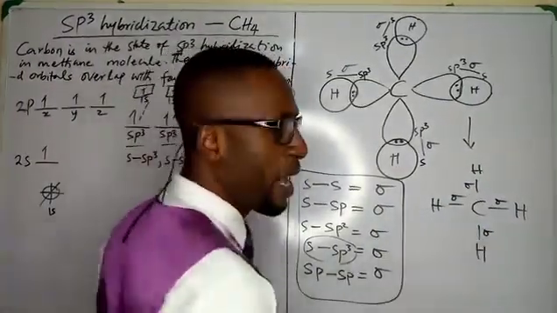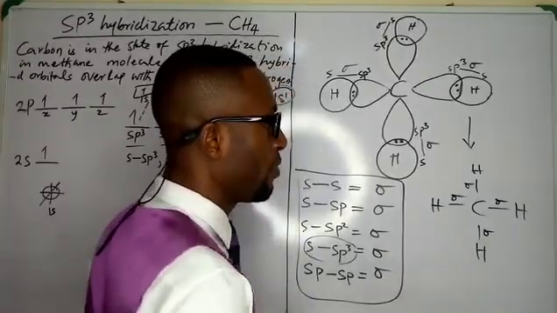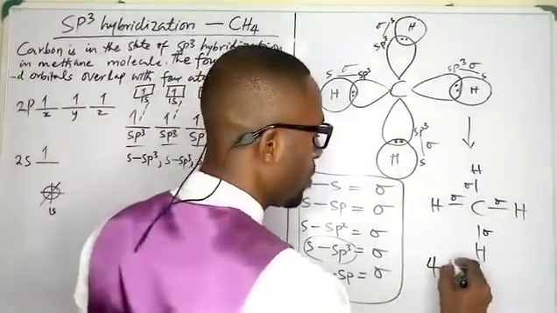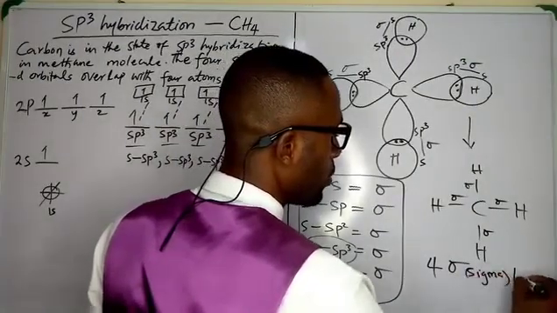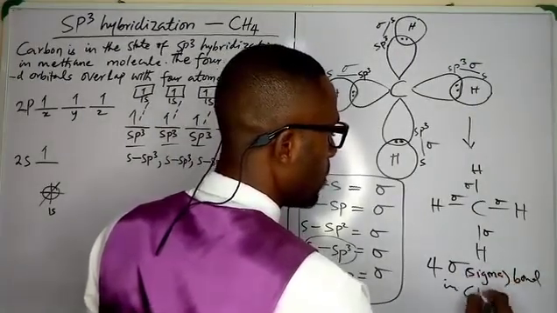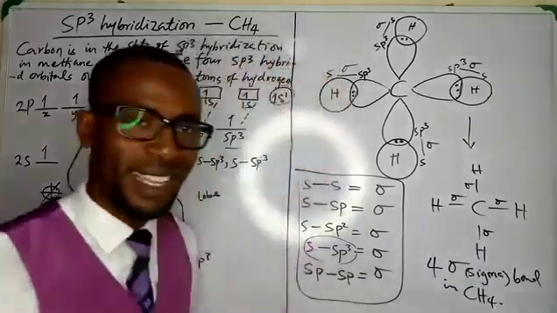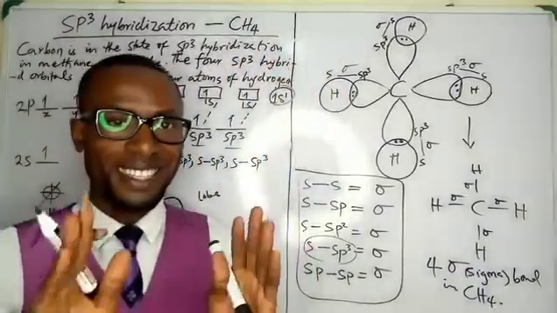So we have 4 sigma bonds in the methane molecule. I hope you learned it. Nice. Bye.